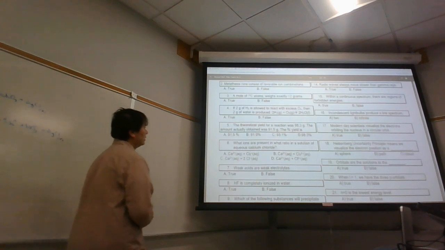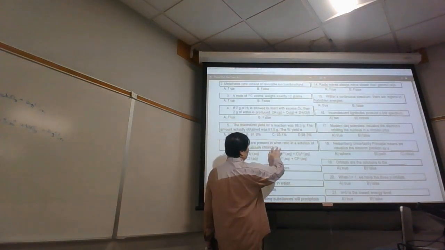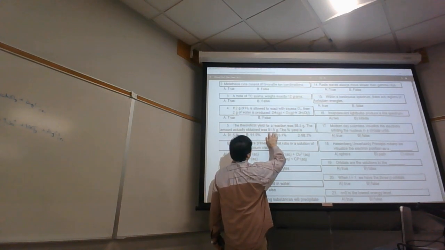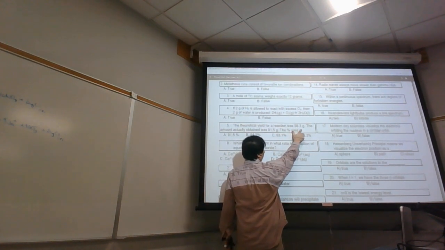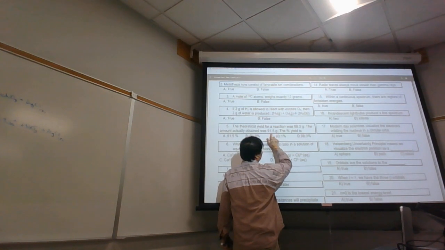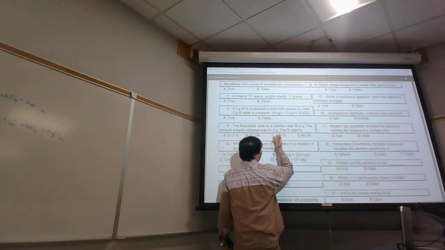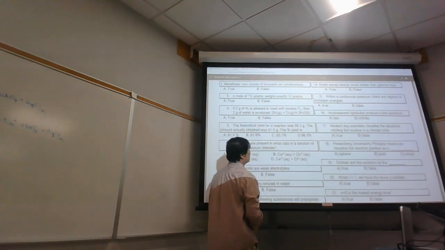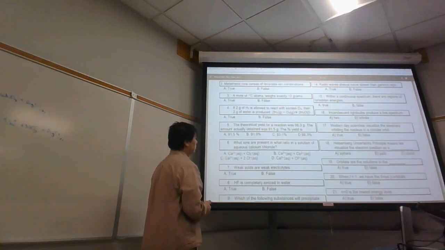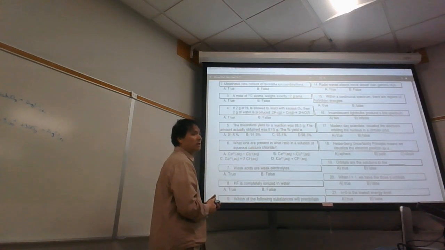So the formula is, if we got 100% yield, then the theoretical yield would have been 98.3, and the actual yield would have been 98.3. And so 98.3 out of 98.3 would have given us 100%. Is that what you guys got?